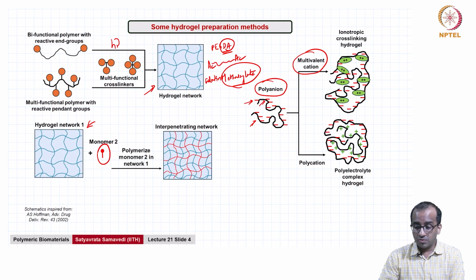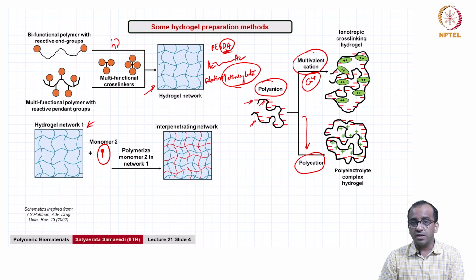If you are able to recall, you will know that it is the calcium divalent cation that cross-links the polyanion, which is the alginate chain, or you can also have through another route use a polycation like chitosan, which is positively charged to form a structure that looks like this.